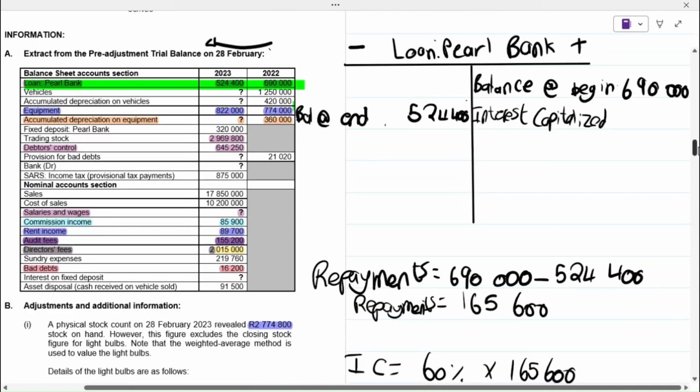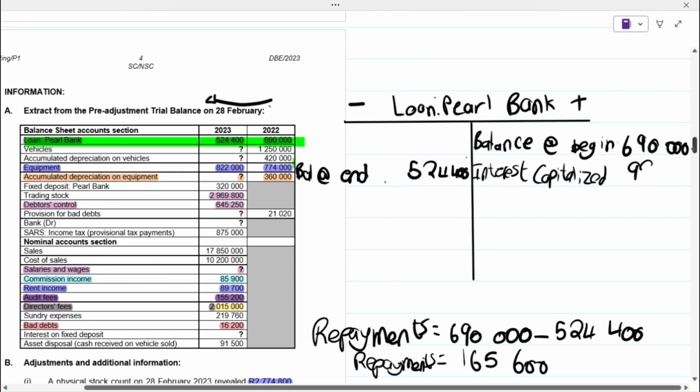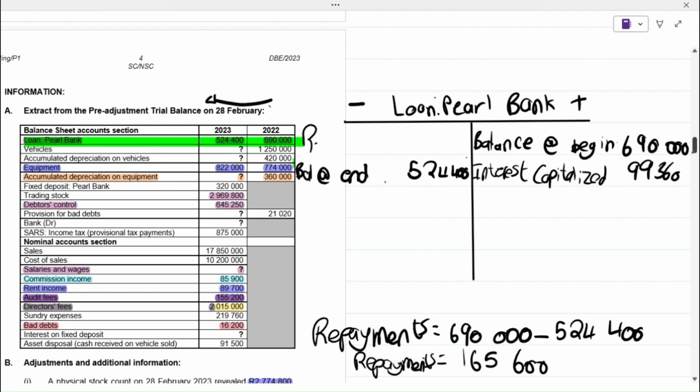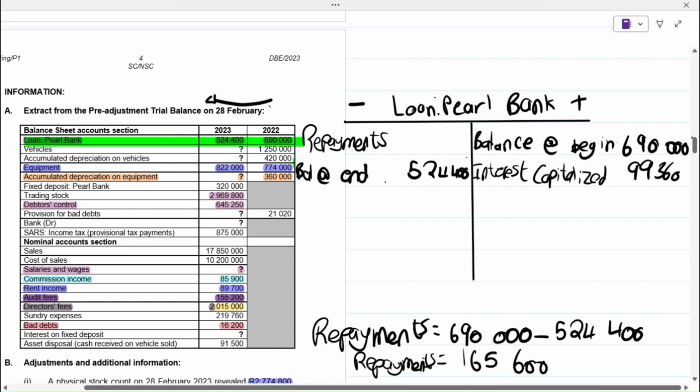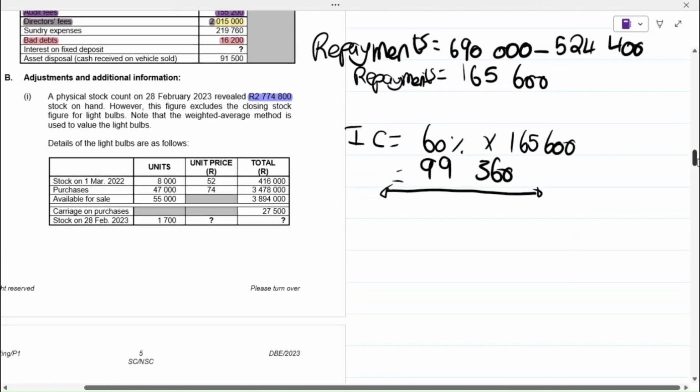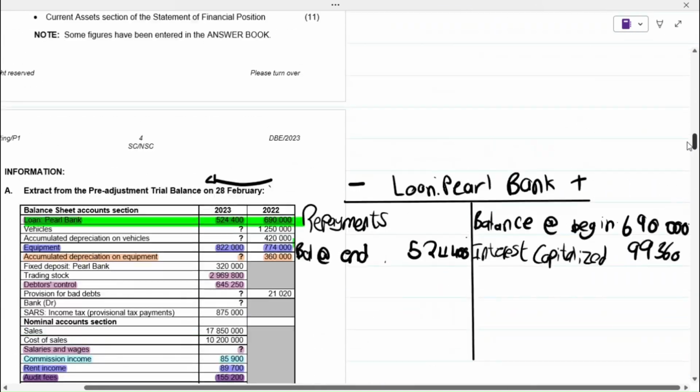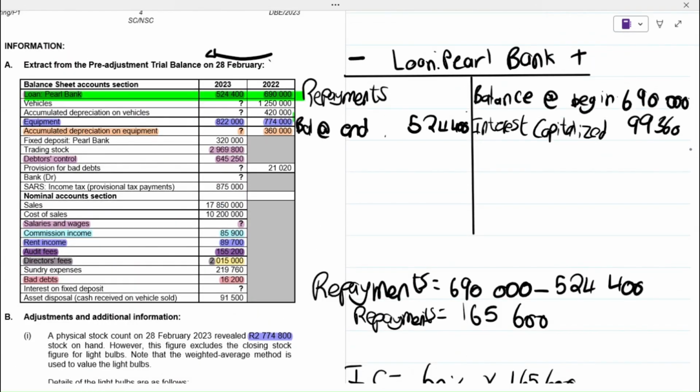This is an amount of 99,360, and then our repayments would have been what we calculated to be 165,600.